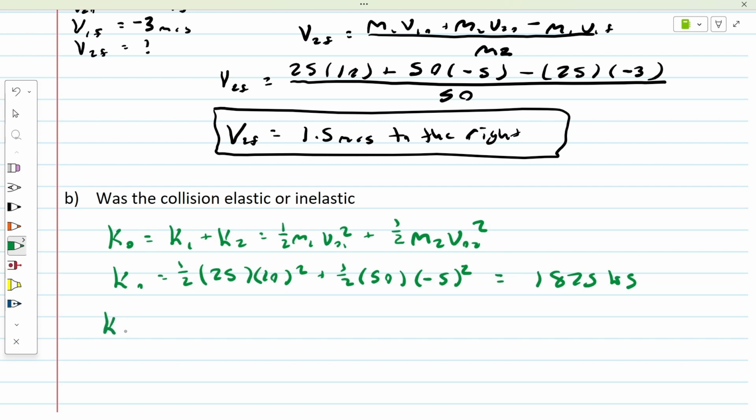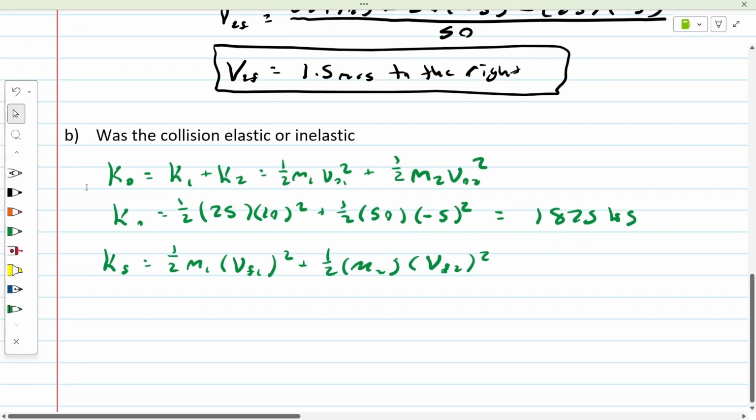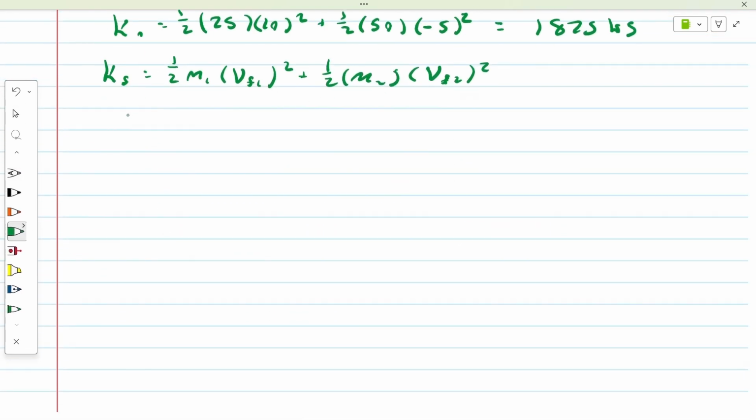Okay, and let's do the same thing with final. So the K final will just equal the kinetic energy final of each ball. So we'll have the same beginning, but this time we want the final for V1 and the final for V2. Okay, so we can go ahead and plug in our values here. So we have m1 is 25, the V1 final, which is negative 3 squared, plus 1/2 m2, which is 50, and our V2 final, which is 1.5.